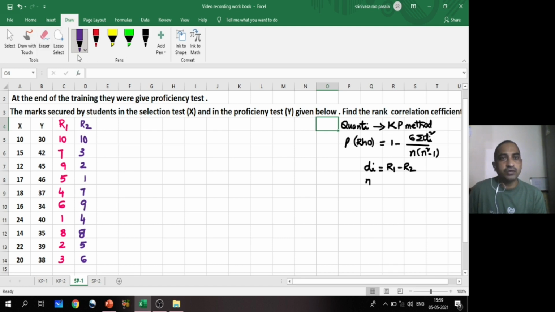Whenever you finish allocating ranks to each observation in the Y series, we go to the calculation of di.